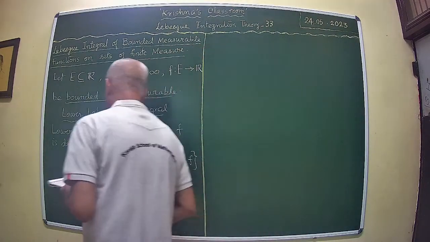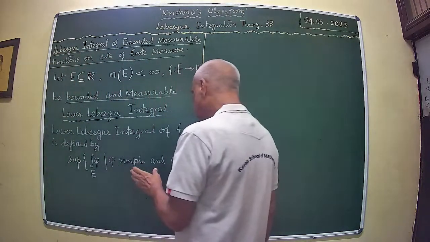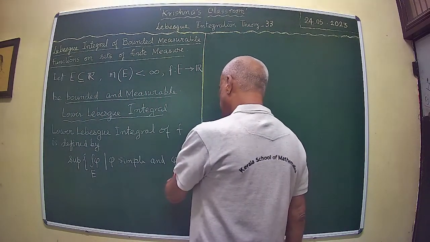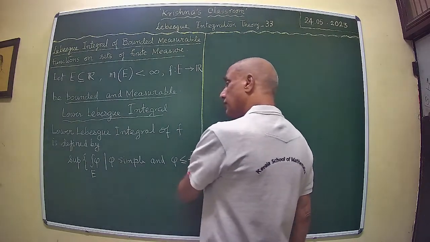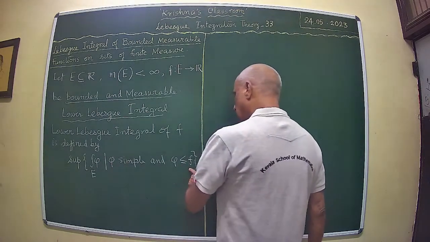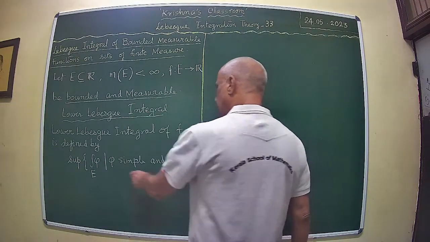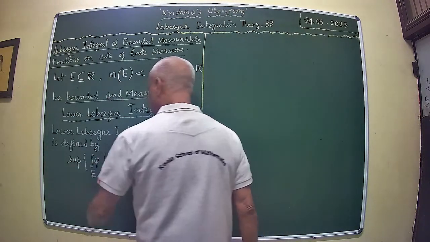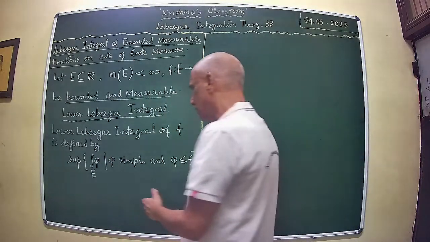First of all, you see that there exist simple functions below the function f, that is, this condition is satisfied. Now for each of these functions you can compute the integral of phi over E because we have already defined it.